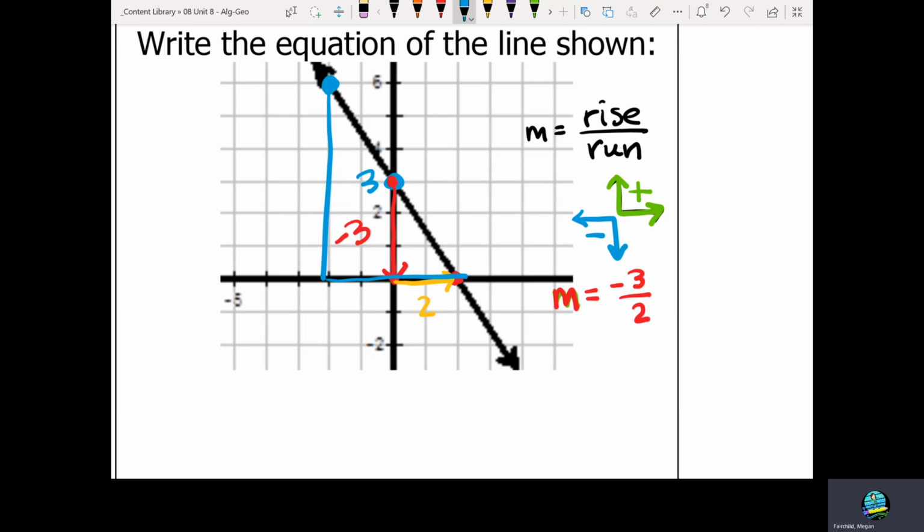I will get down 6 and right 4. Well, guess what -6/4 is? -3/2. It still gives you the same slope. So if you're not sure if the point is touching where it's supposed to be touching, use a point that you know for sure is touching the right spot.